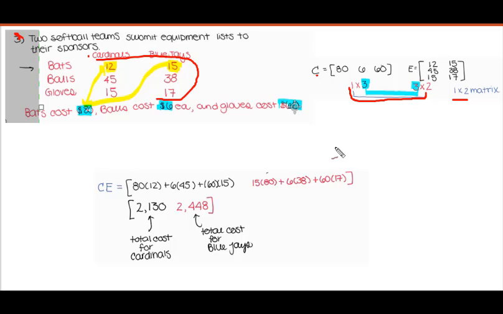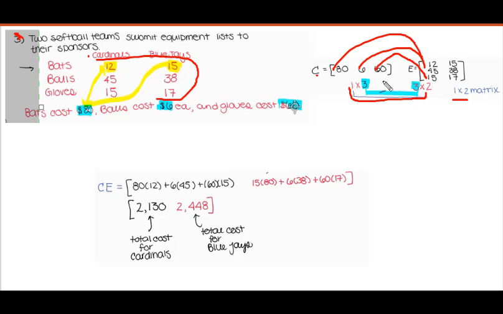What is the meaning of the resulting matrix? We'll have a 1 by 2 matrix, and because these are the amounts, that's 80. If you think about it, 80 lots of 12, well, that's the amount of money required for the bats of the Cardinals. 6 lots of 45 is the expenditure on balls for the Cardinals. 15 lots of 60, that's the glove expenditure, and all of that together is for the Cardinals.